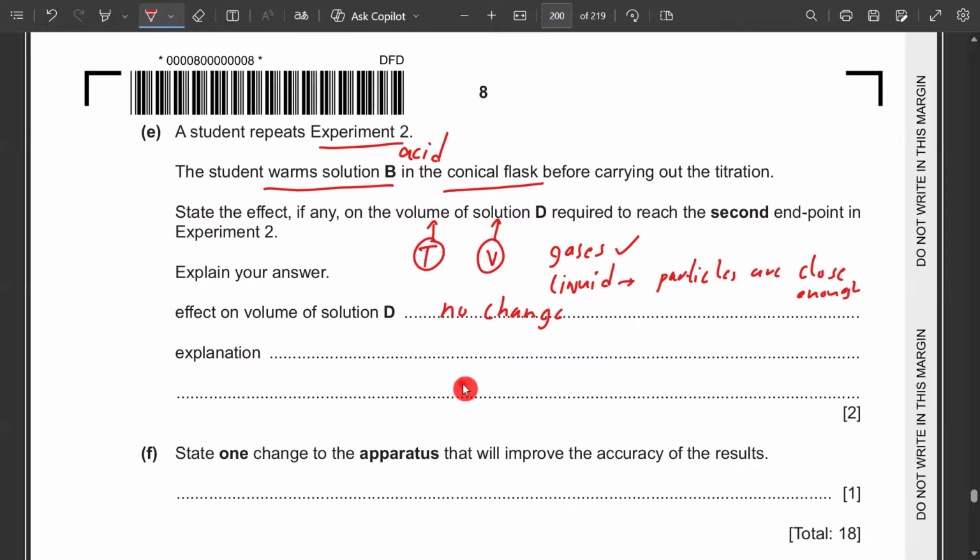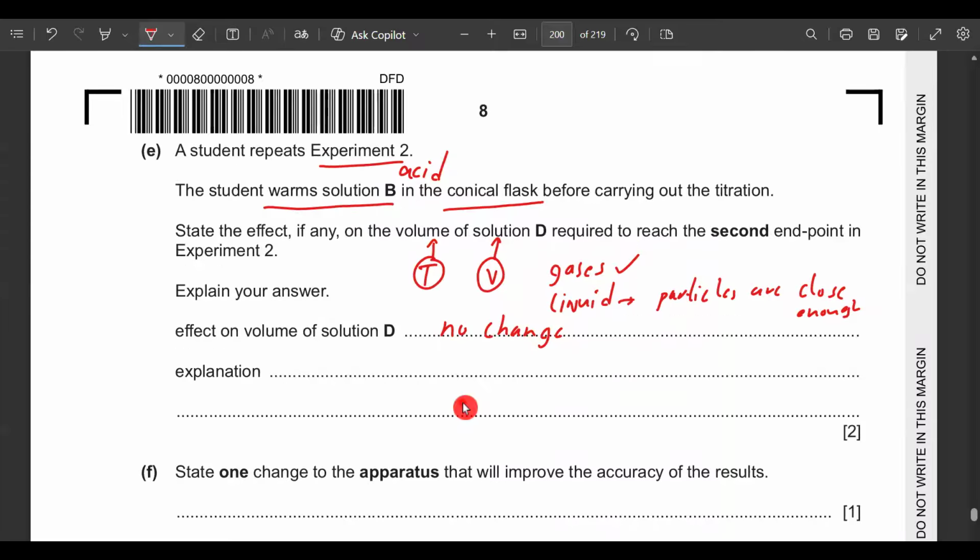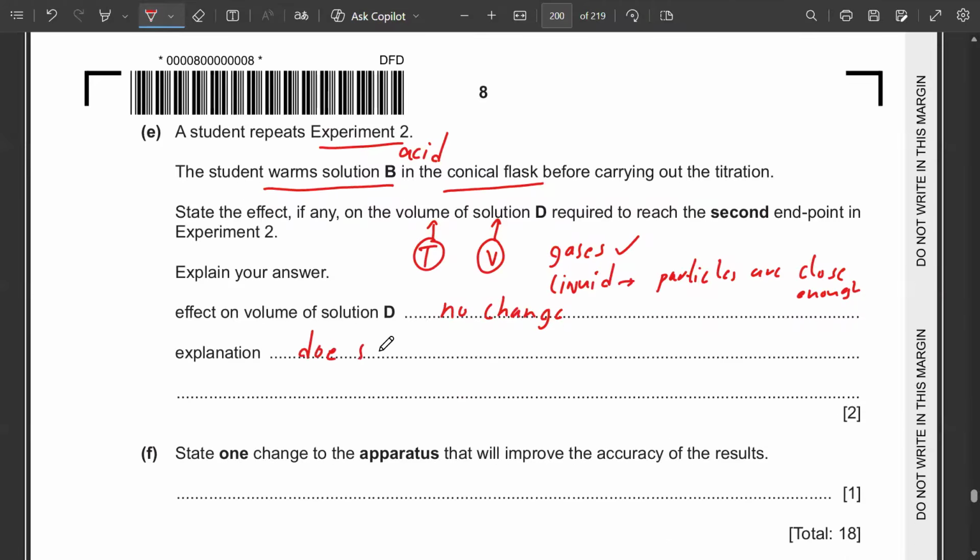Why will there be no change in the volume? Because changing the temperature does not change the concentration or volume.